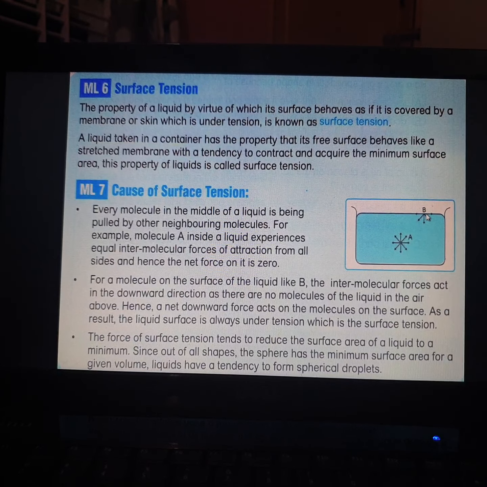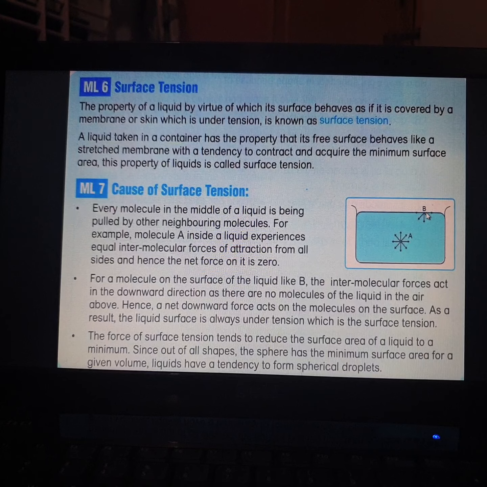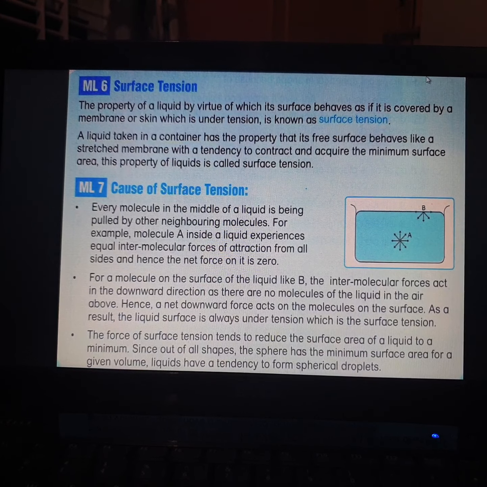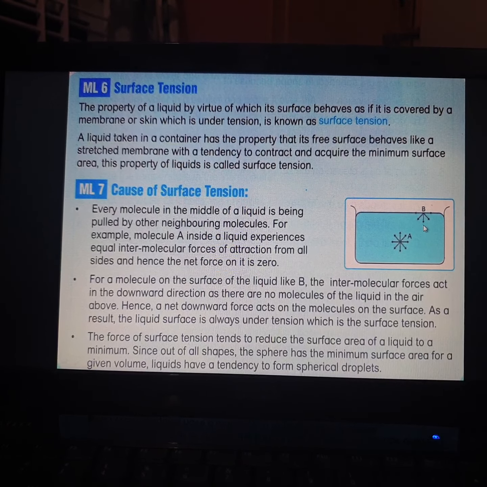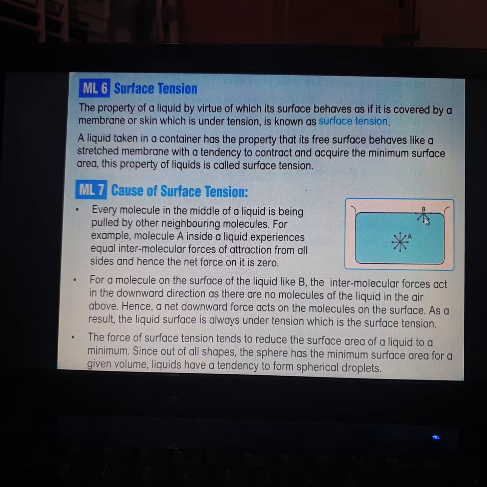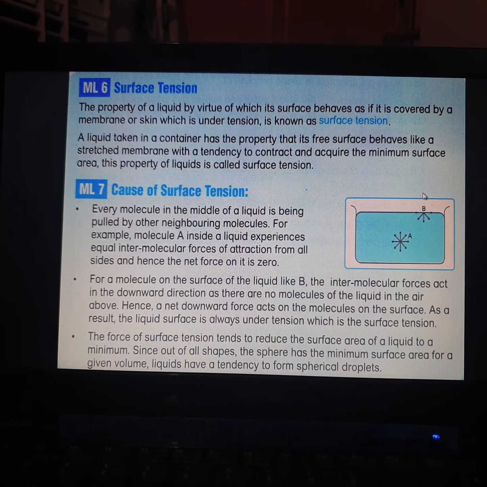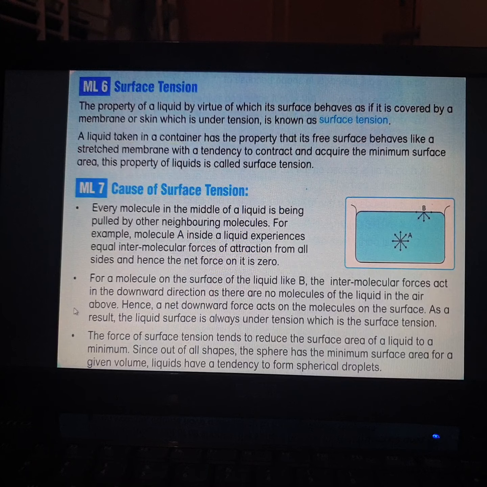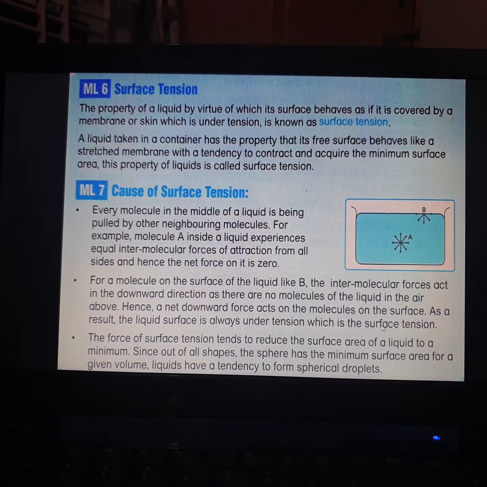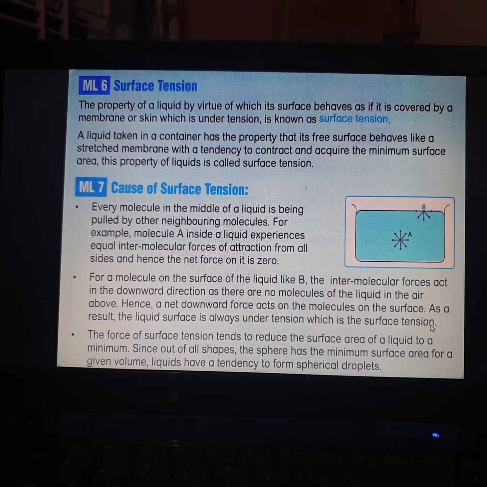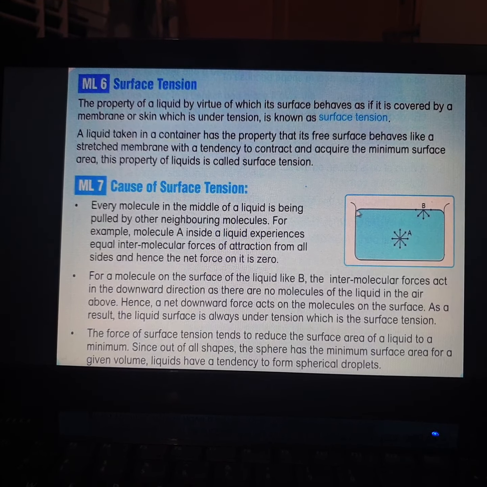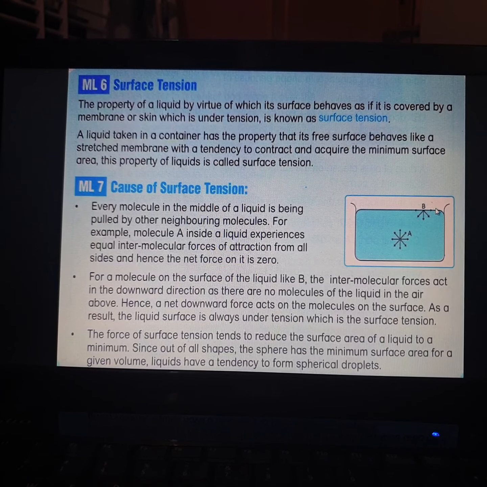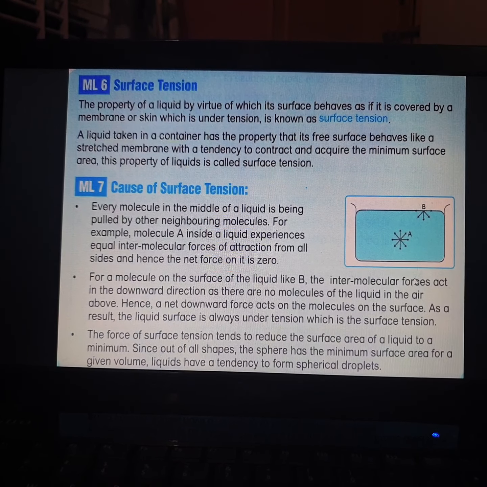Whereas for the molecules near the surface, it is exerting the force only in the downward direction, not in the upward direction. It is due to this that surface tension arises. Hence a net downward force acts on the molecule on the surface. As a result, the liquid surface is always under tension. So the molecules on the surface, on the top, will have the surface tension.